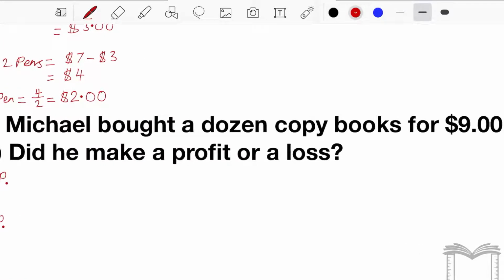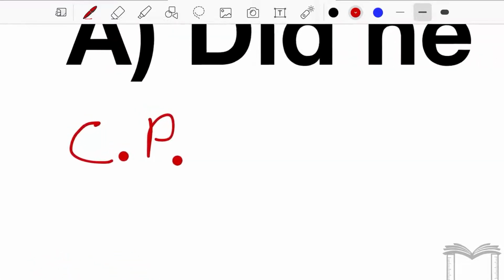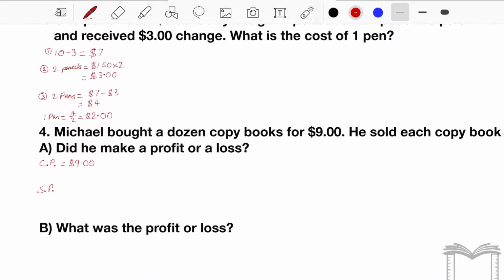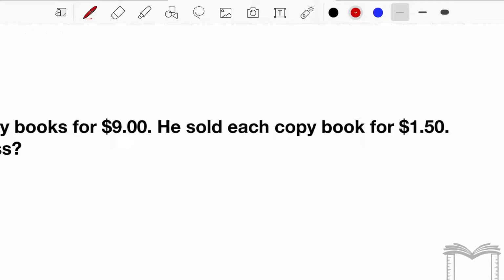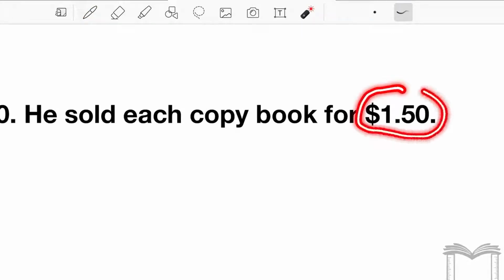What we have so far, Michael bought a dozen copybooks for $9, so that is the cost price. One of the things we need to not be mistaken with, this $1.50, it is a selling price, but not of the dozen.